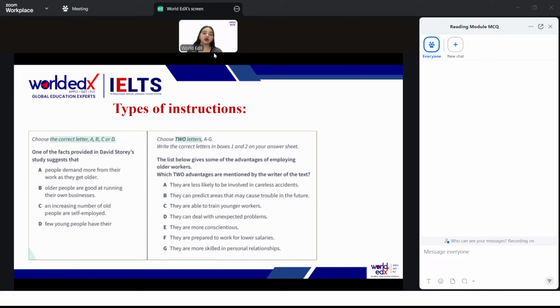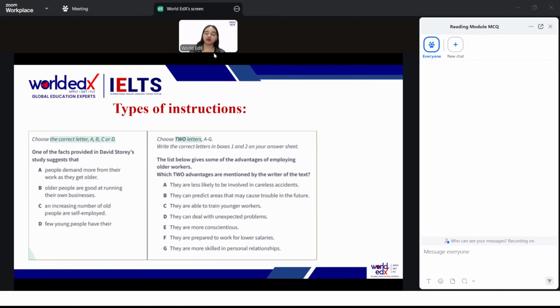On the right-hand side, however, it says choose two letters, which means from A to G you have multiple options, and out of these you have to choose two letters, which are going to be correct. So depending upon the instruction, you will have to see which answer fits perfectly. If there are four options, most probably the correct answer would be one. But if there are six options, you will have to choose two.